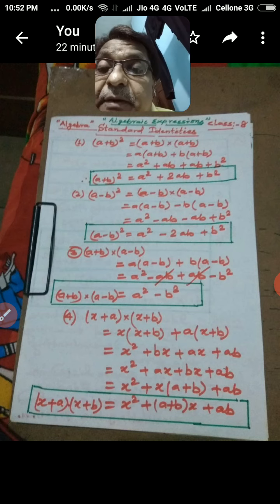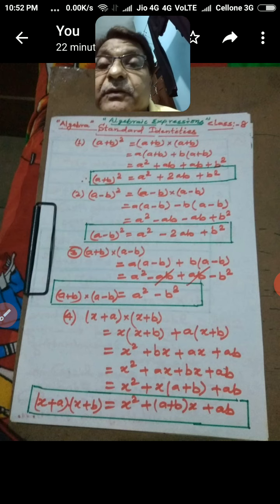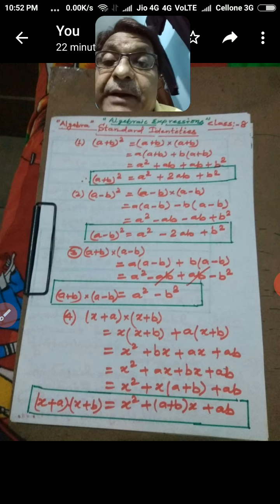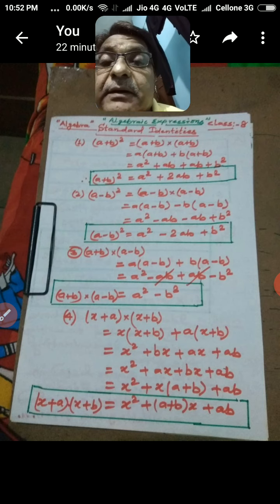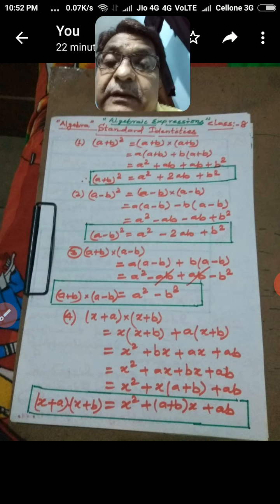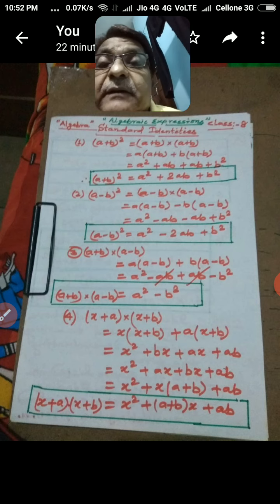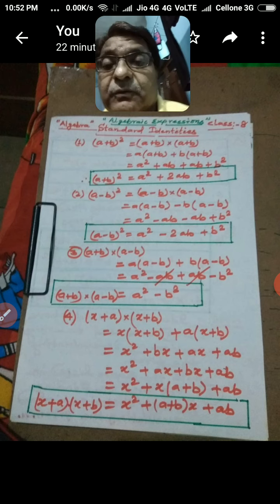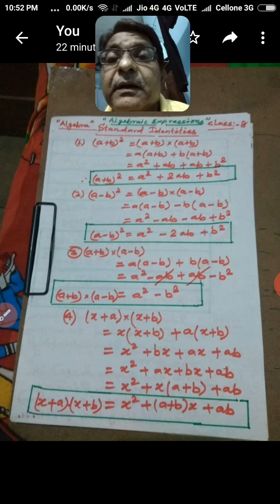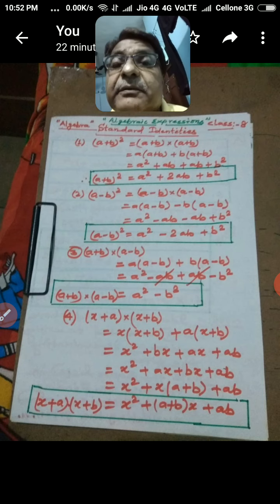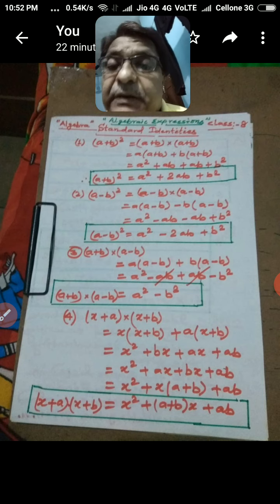You have to remember that in case of a minus b whole square, we have to say minus 2ab and the remaining terms as they were in the first one. So the result will be a minus b whole square, which ultimately means a minus b is multiplied with a minus b. So the result is a square minus 2ab plus b square.